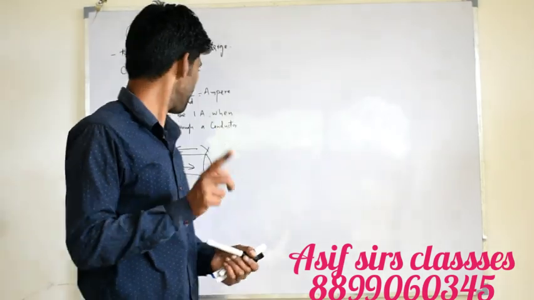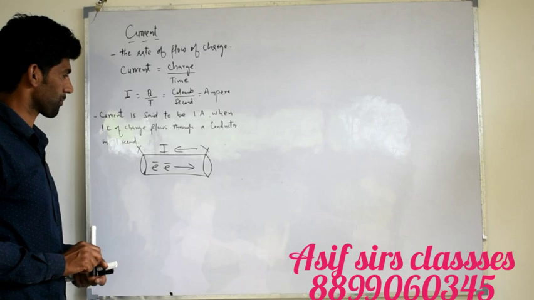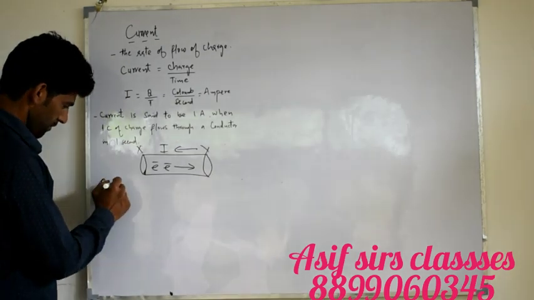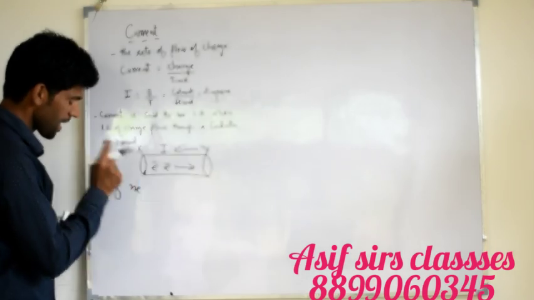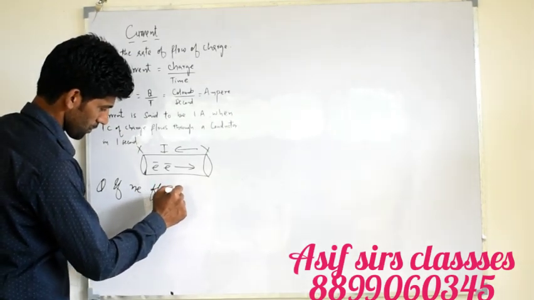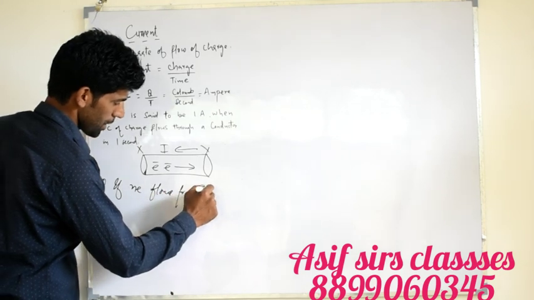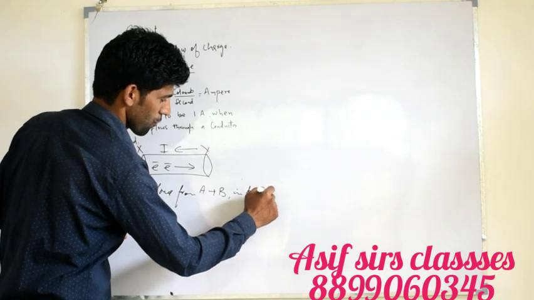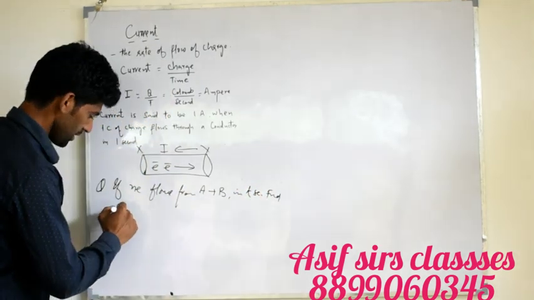Just have a look here. We have a little bit of a question. If n electrons flow from A to B in t seconds, find I, that means current.